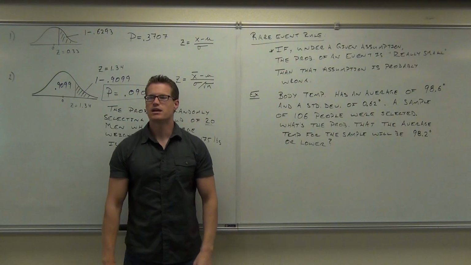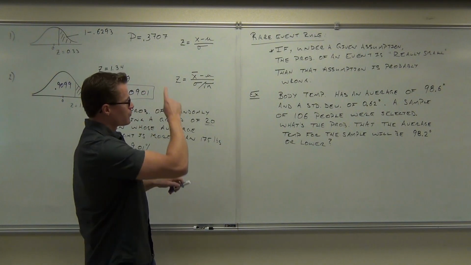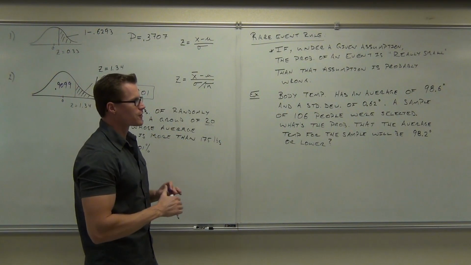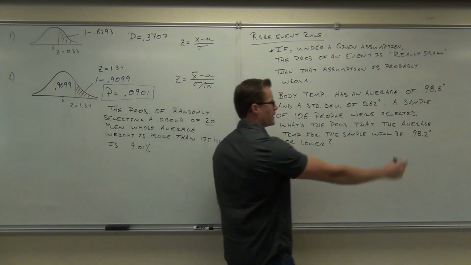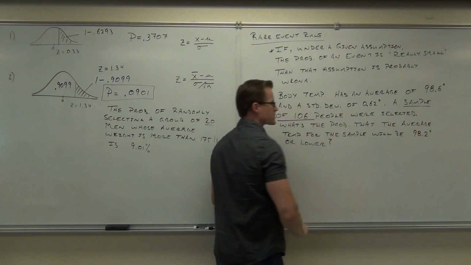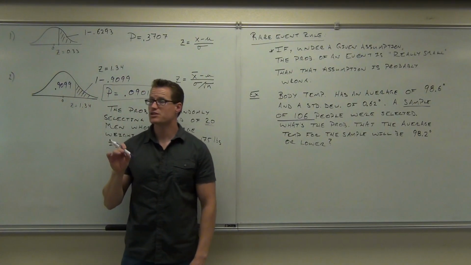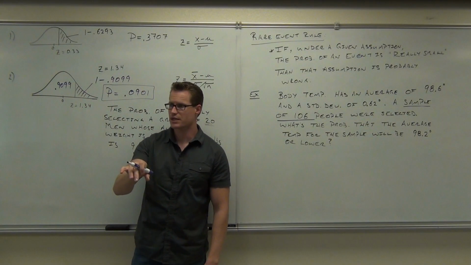Here, there are a couple of keywords that clue you in on which formula to use. First thing it says is a sample of a certain number of items. A sample of 106 items.